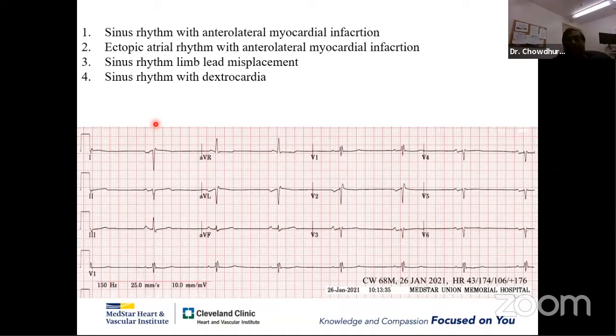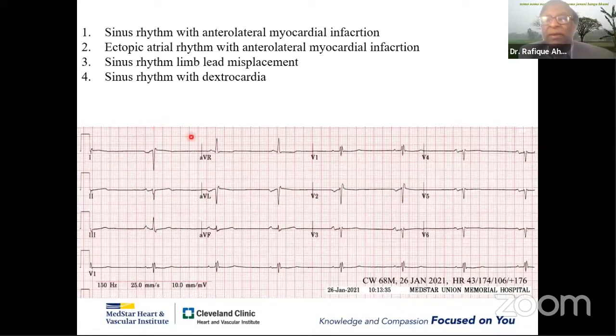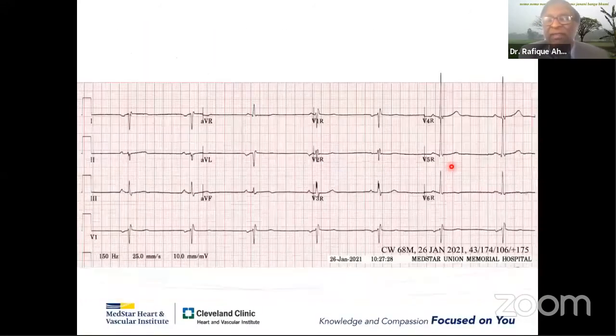The trick is that if you think there is limb lead swap, but there is reverse progression of V1 through V6 in a properly placed EKG, then you think of dextrocardia. But if I had this ECG without the VR marking, you will probably just think of limb lead swap.